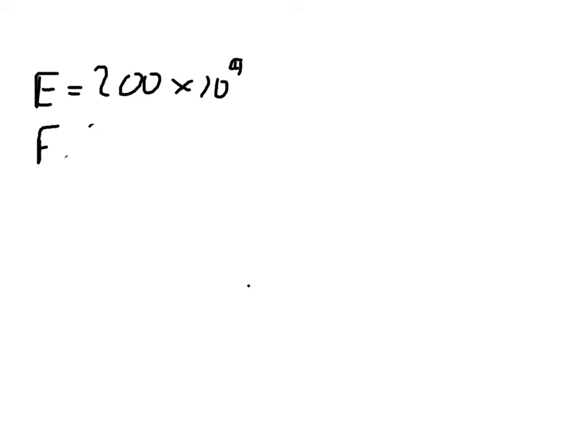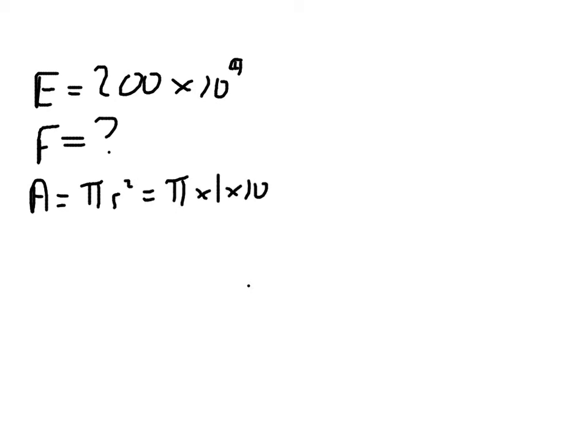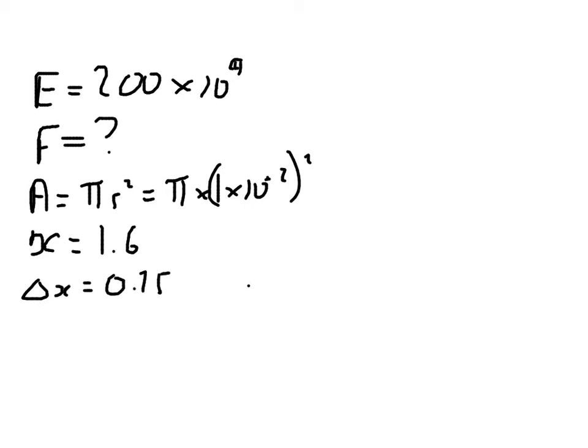We know our area is pi r squared, which is pi times 1 times 10 to the minus 2, because it's the radius, squared. We know our original length, x, is going to be 1.6, and delta x is going to be 0.25 times 10 to the minus 2.